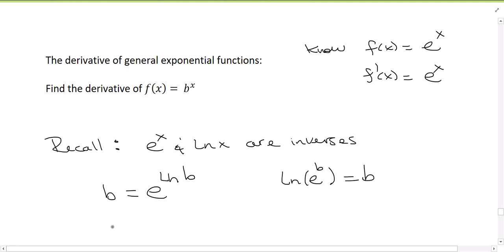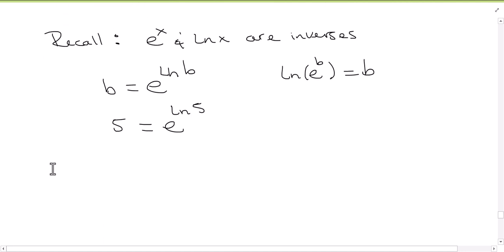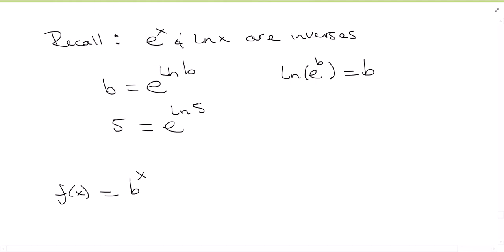So if I had 5 as the base, then 5 can be rewritten as e to the natural log of 5. And so e and ln undo each other, and I will just get 5. So that's what it means to be inverses. So for my function f of x equals b to the x, we're going to use this fact that b can be rewritten as e to the natural log of b.